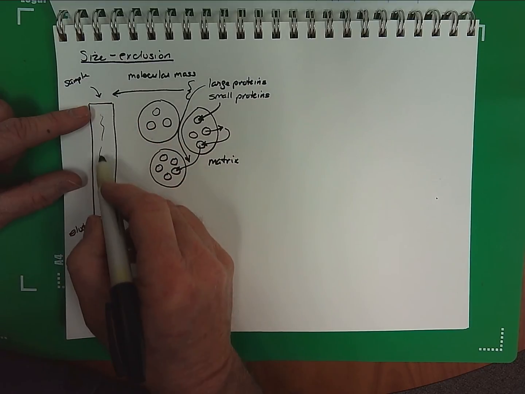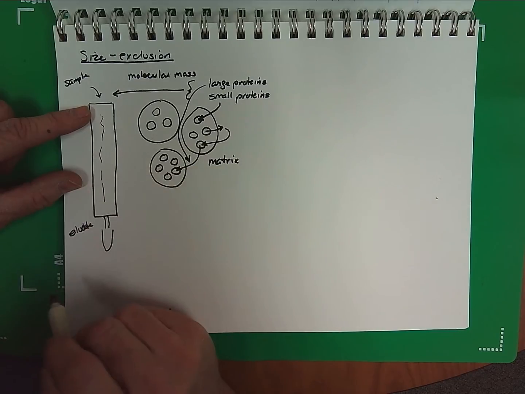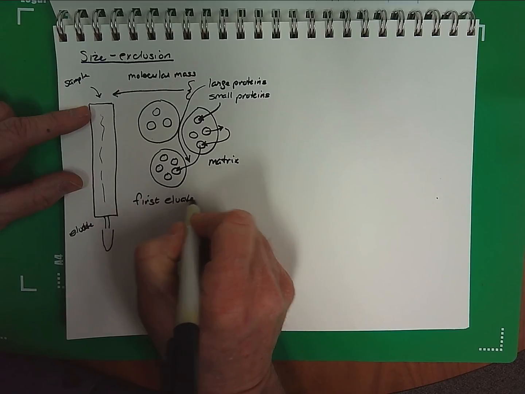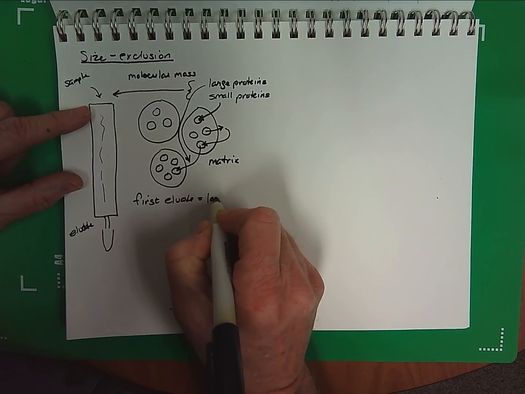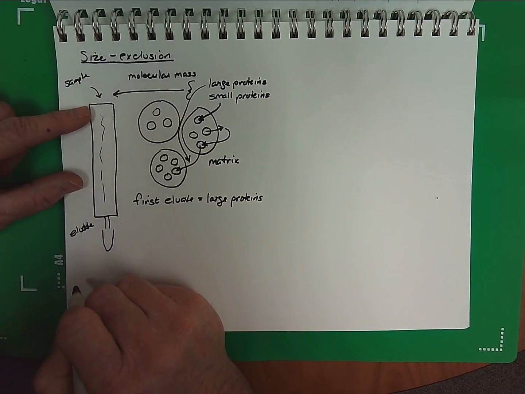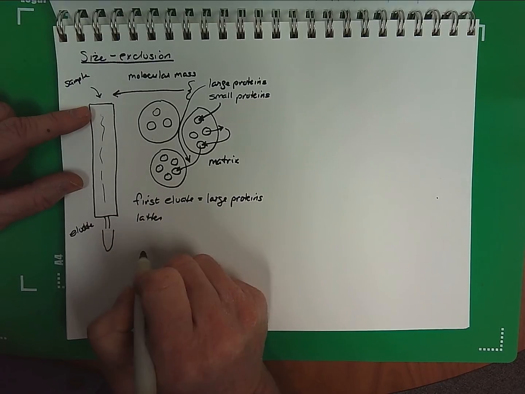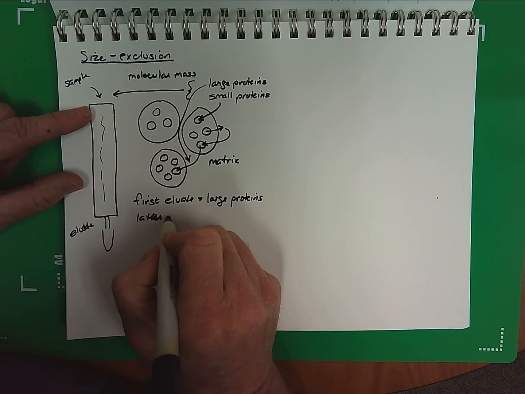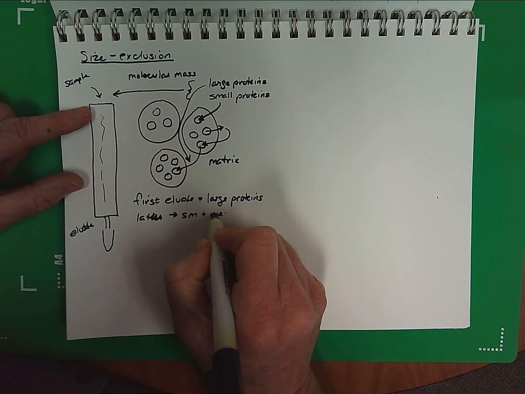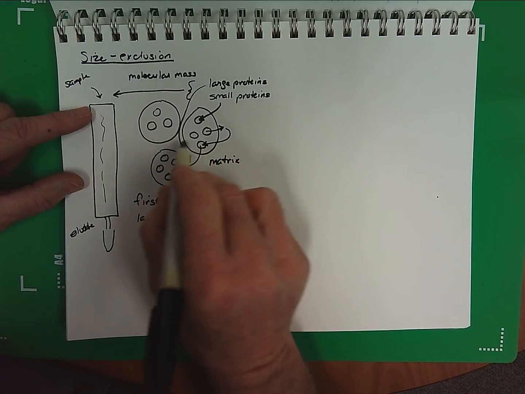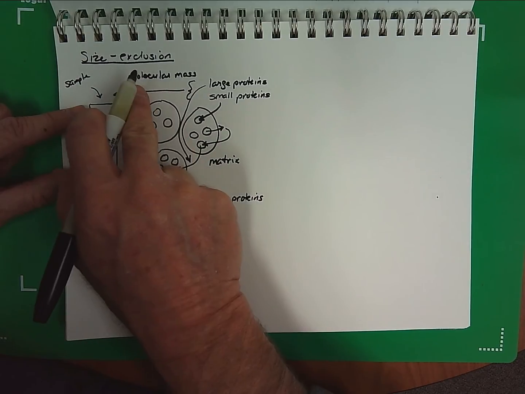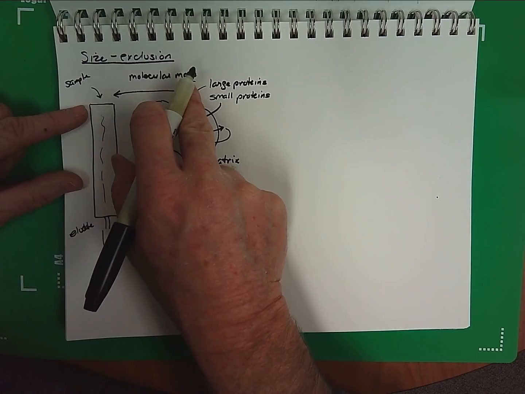Large proteins can travel rather rapidly because they're going in between the beads. So the first eluate coming out of the column will be represented by large proteins. Later, the later eluates will be small and medium-sized proteins that have percolated through these beads. So this type of chromatography takes advantage of molecular mass. Different sizes we can separate.